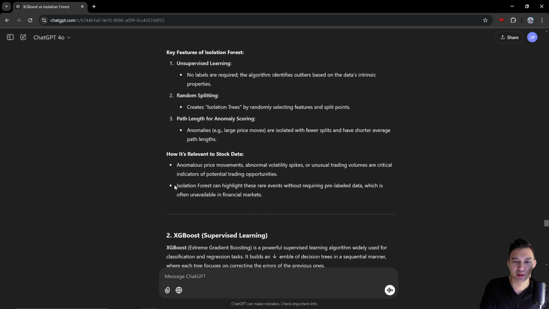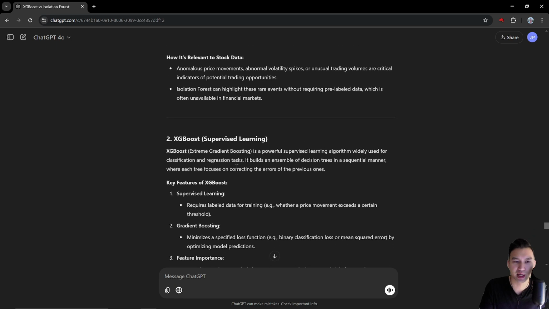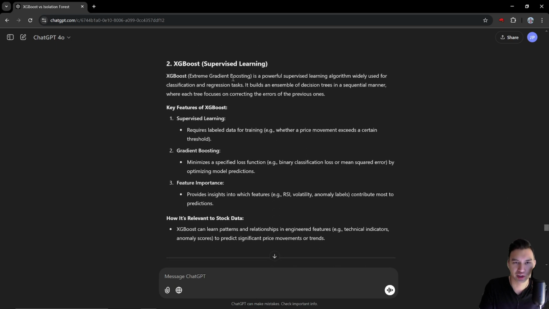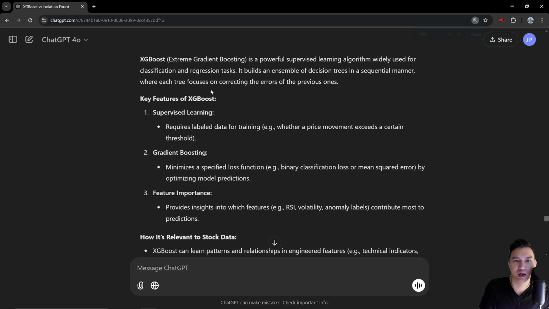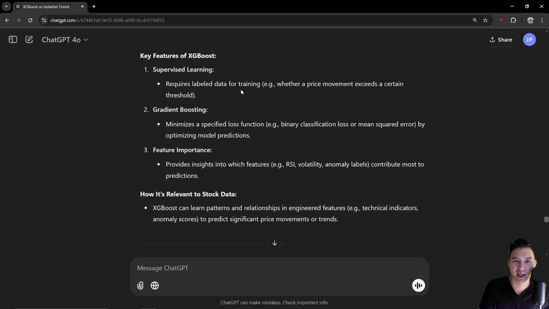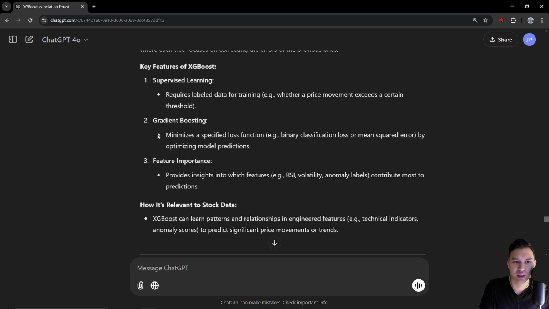So I was trying to label the data essentially with the isolation forest, and then I would feed the labeled data into XGBoost. XGBoost is a powerful supervised learning algorithm widely used for classification and regression tasks. It builds an ensemble of decision trees in a sequential manner where each tree focuses on correcting the errors of the previous one. Supervised learning requires labeled data for training, for example whether a price movement exceeds a certain threshold, which is pretty much what I'm trying to do with the isolation forest.